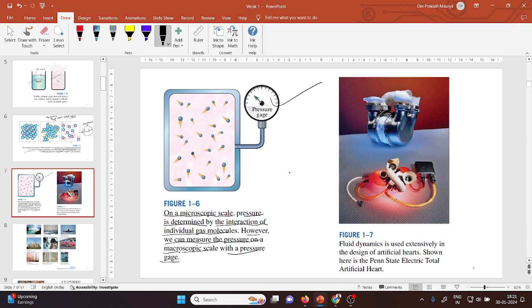Here, fluid dynamics is used extensively in the design of artificial hearts. So fluid mechanics concepts are applicable not only in civil engineering, but also in medical engineering.